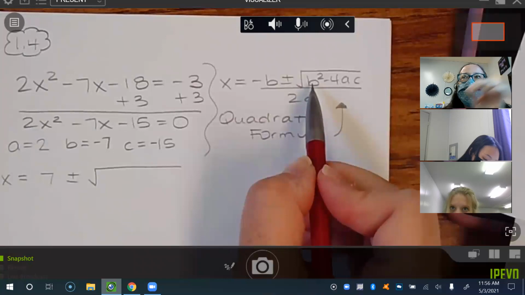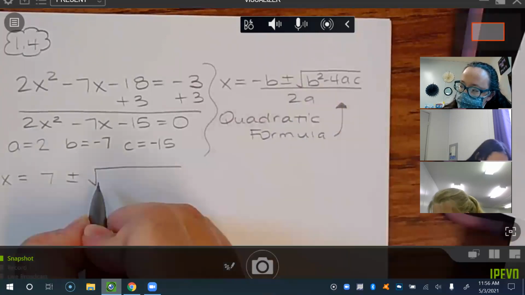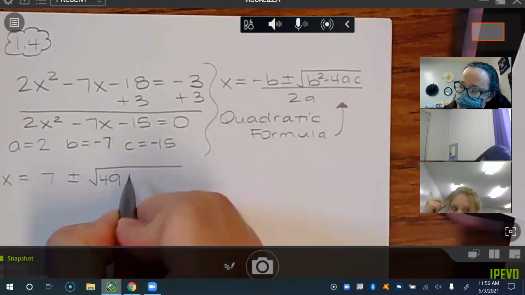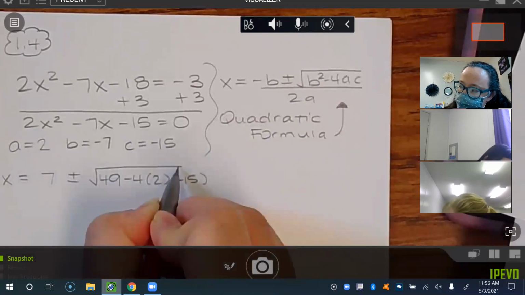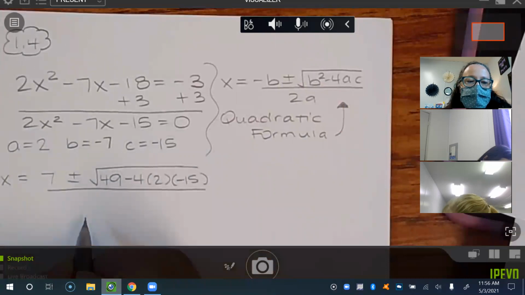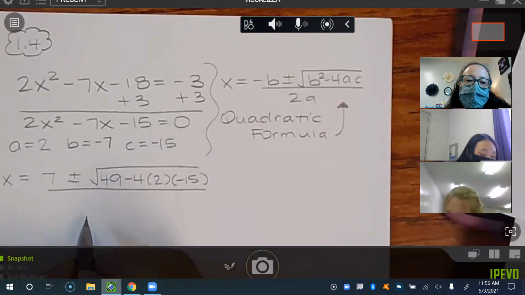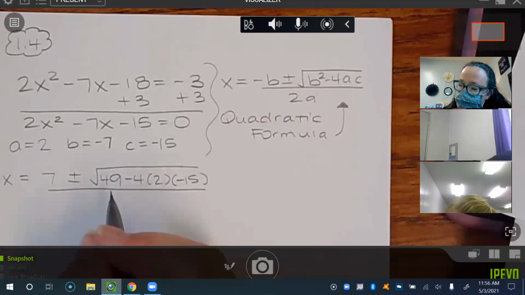Right, it's a +49. So +49 minus 4ac. So I'm just going to put all that in. But when the B's are negative, we got to be super careful because students will actually type it in wrong and it'll give them wrong signs and they'll get the wrong answers.